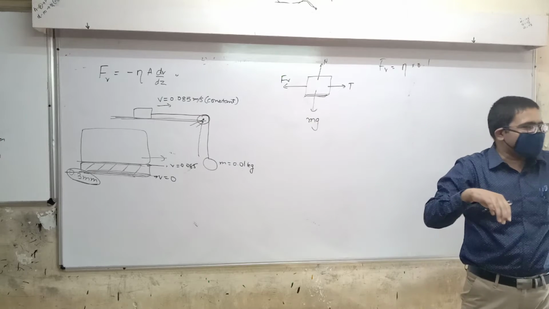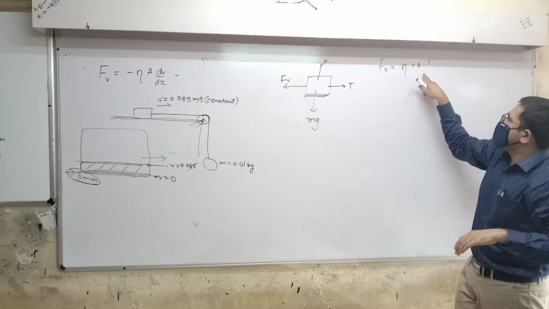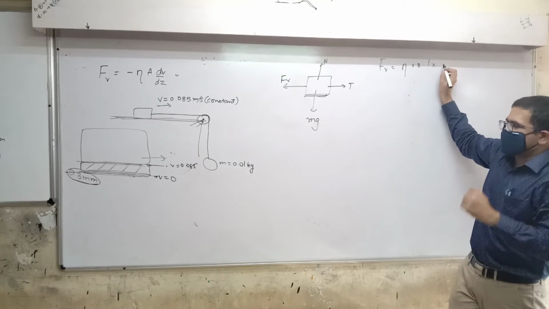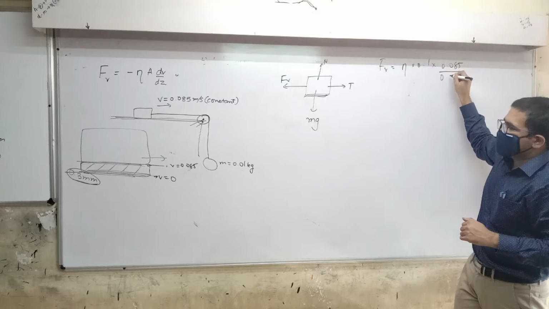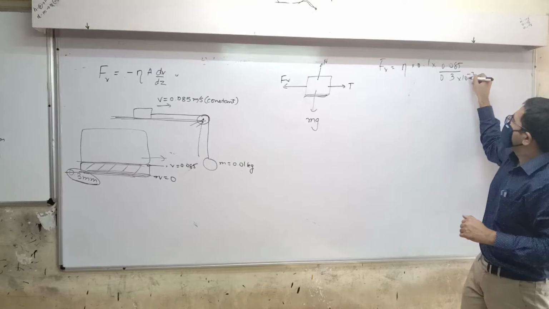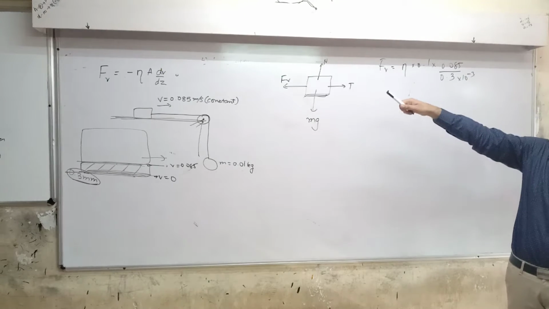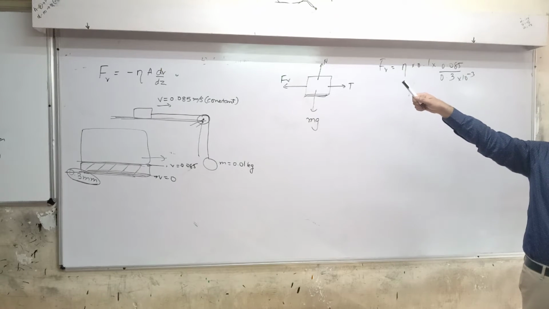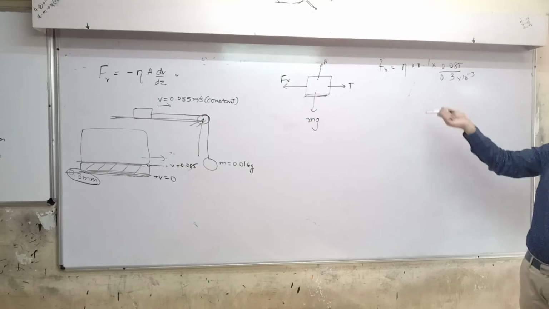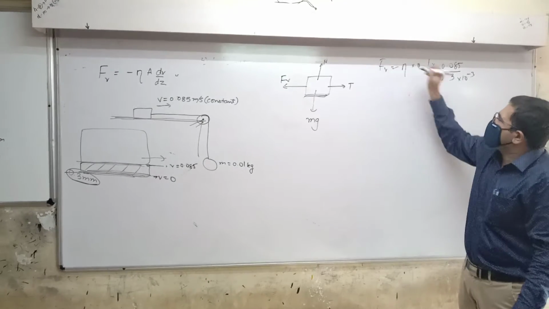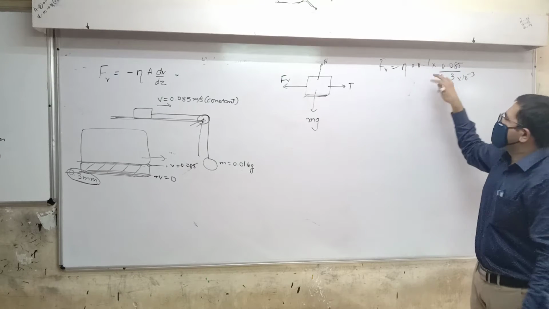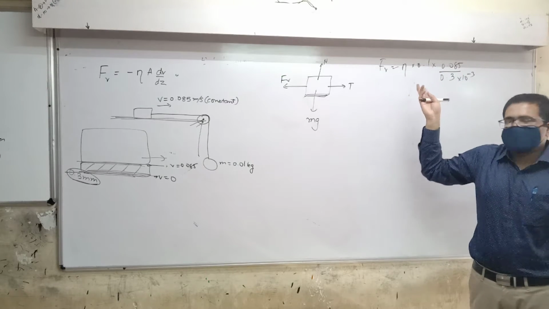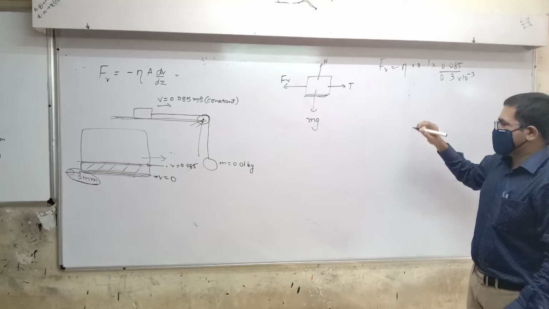The area of that layer is 0.1, into delta V by delta Z. That is 0.085 divided by... I give that formula. Putting the minus sign is only so that you can take care of the negative that is to come here. I have already adjusted that.